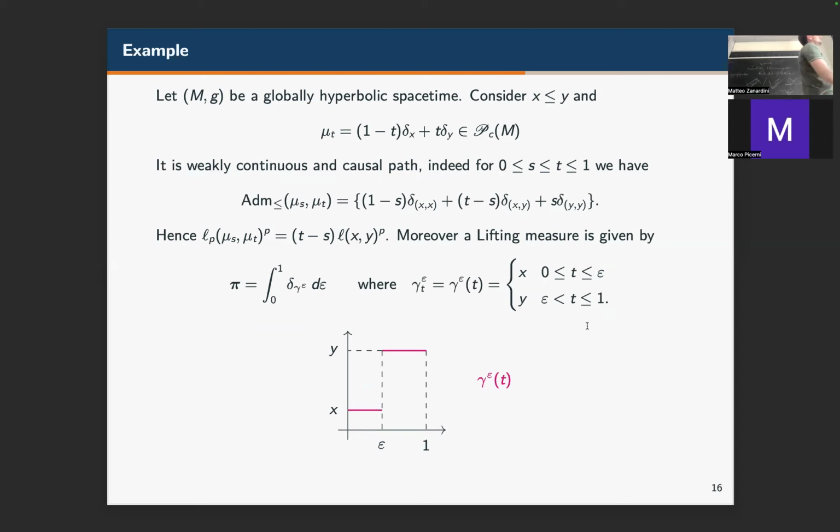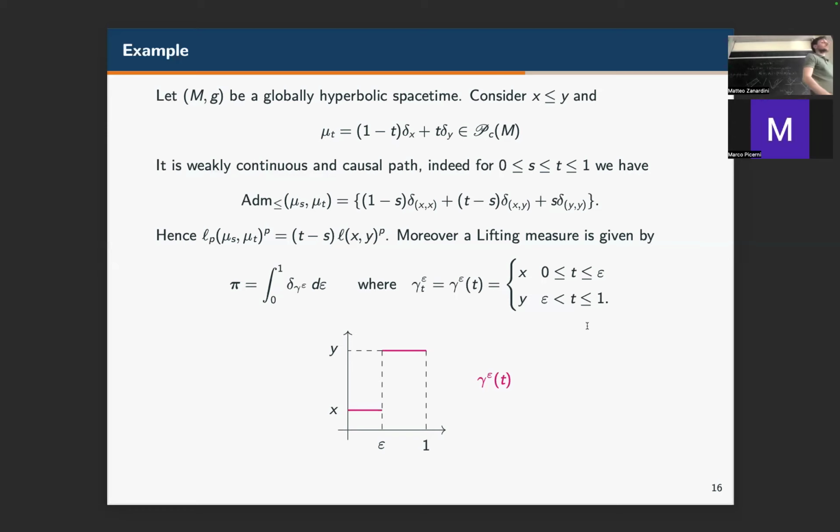Notice that this kind of curve, if you put x and y in the real numbers, for instance, N equal to the real numbers, is never W2 absolutely continuous. What happens is that this curve is only weakly continuous and is causal with respect to the partial order in R. Well, you can actually compute precisely the admissible set between the measure at time s and the measure at time t.